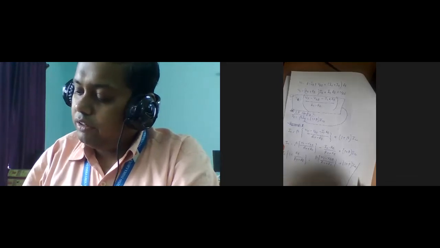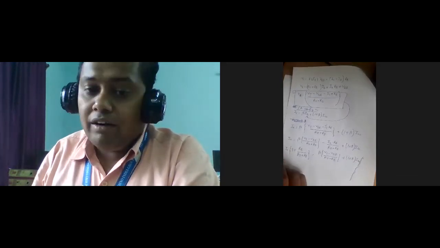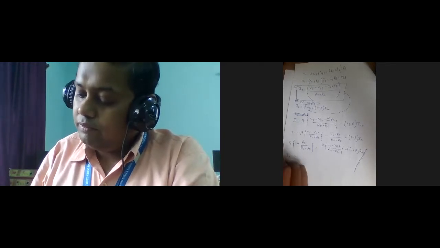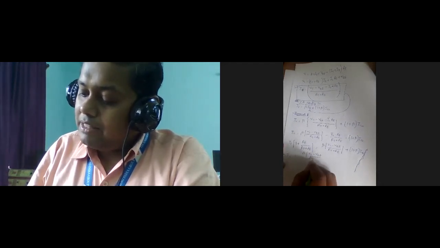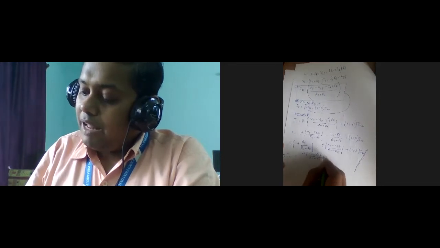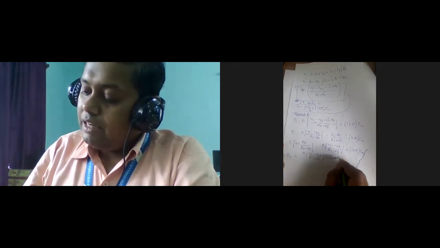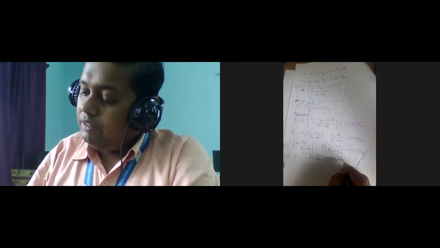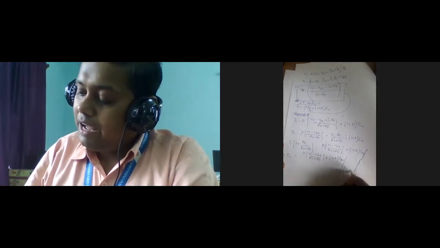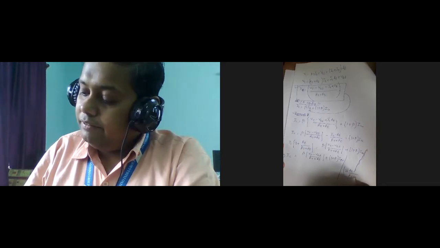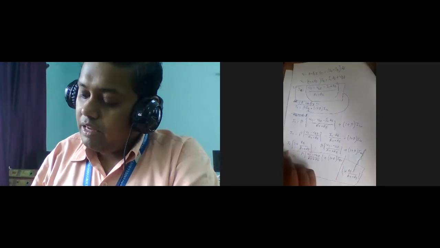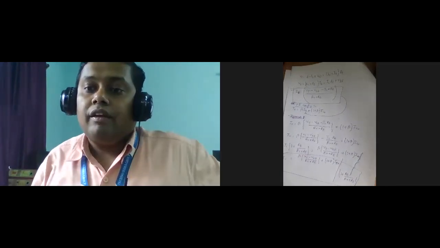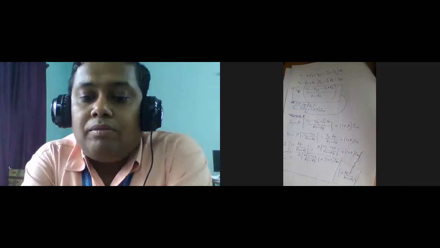So IC equal to beta into VT minus VBE by RT plus RE, plus 1 plus beta ICO, divided by 1 plus RE by RT plus RE. So this is the value of IC.